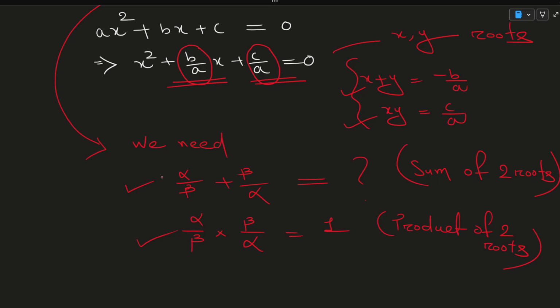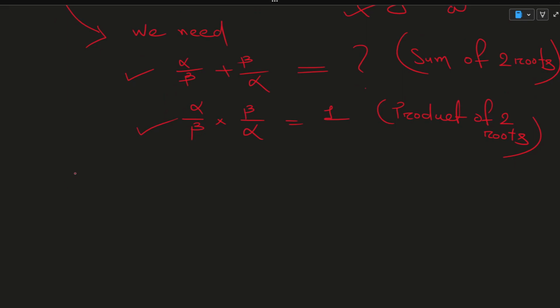That is, we have to find out the sum of the roots, alpha by beta plus beta by alpha. If we have this one, then we will be able to write the general form of the quadratic equation. That will be x square plus alpha by beta plus beta by alpha times x plus the product, which is given, that will be 1.